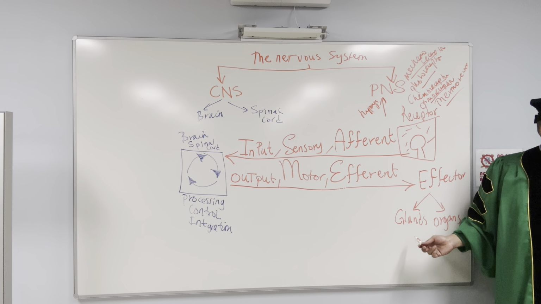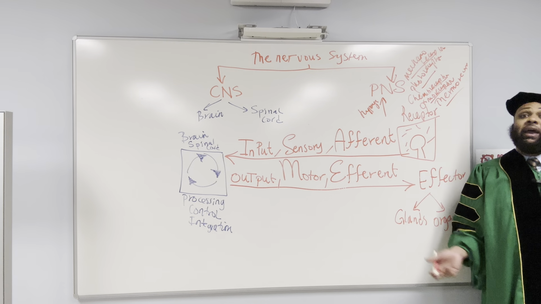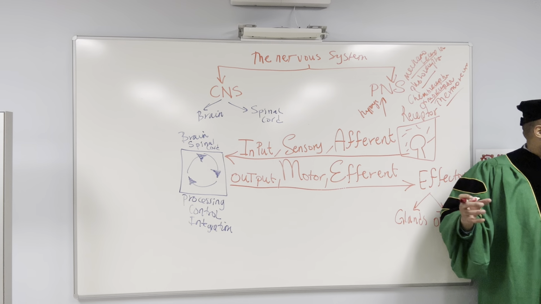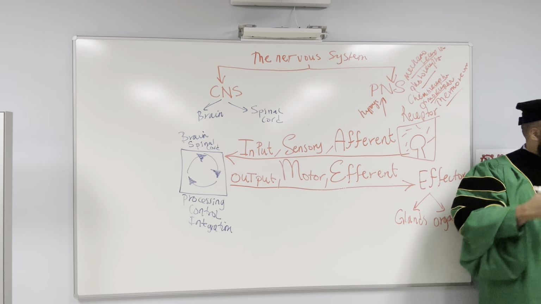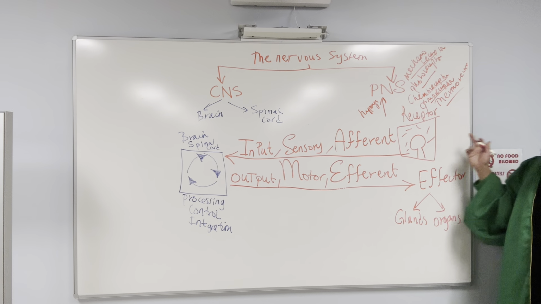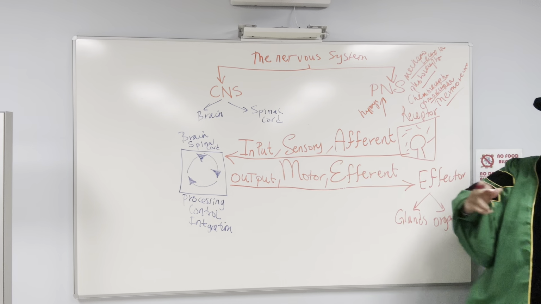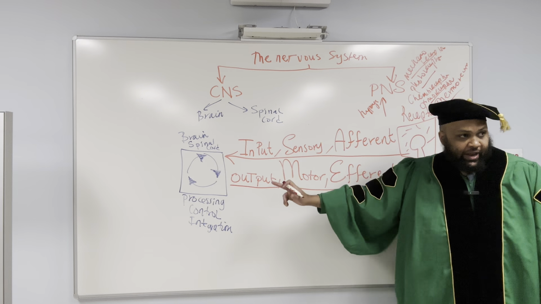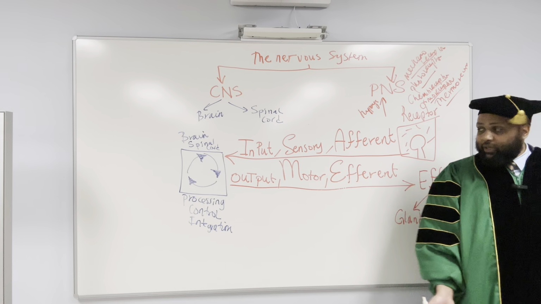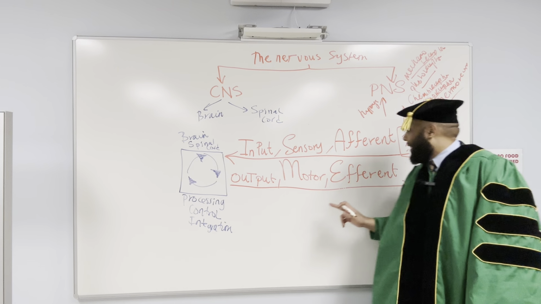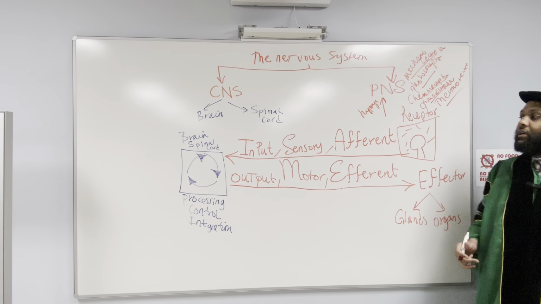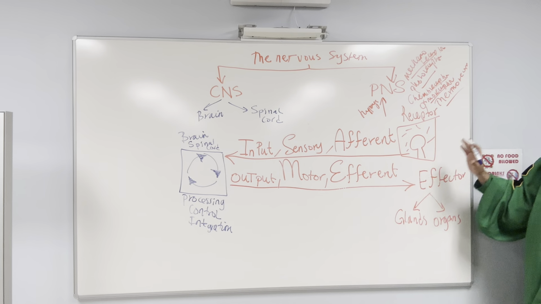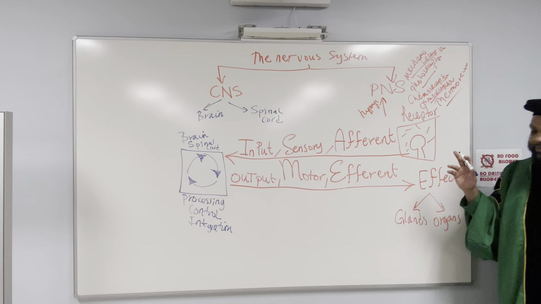The sweat gland, to make you sweat, and to your blood vessels to make them vasodilate so that the heat can go. Now you see how it's going. So there's always a sensation, but you need to know sensation is between receptor and brain. Motor output is between brain and the effector. There's one last thing I need you to be aware of. This is correct. It's just missing one thing.